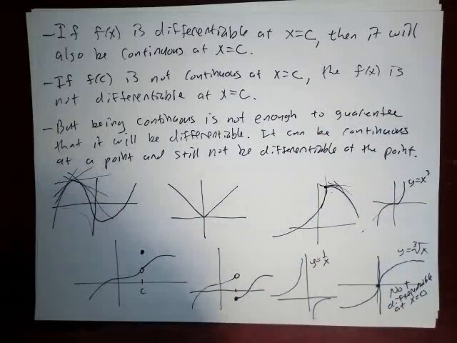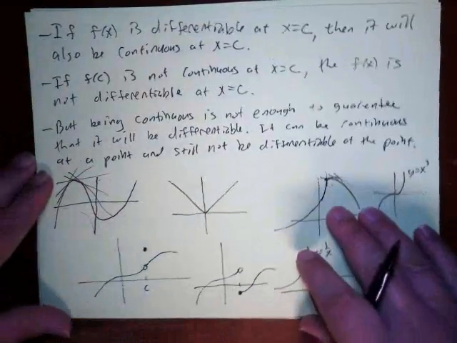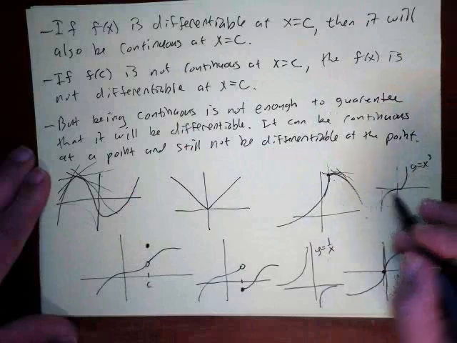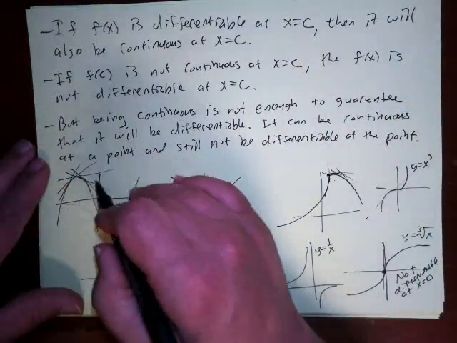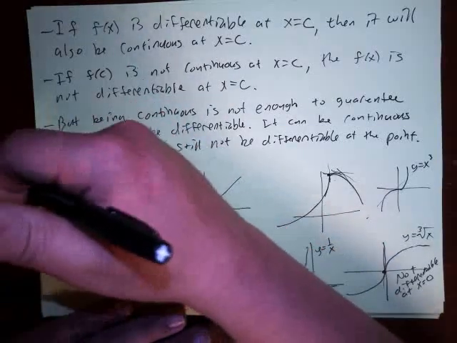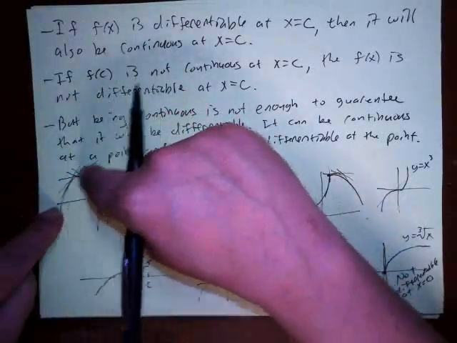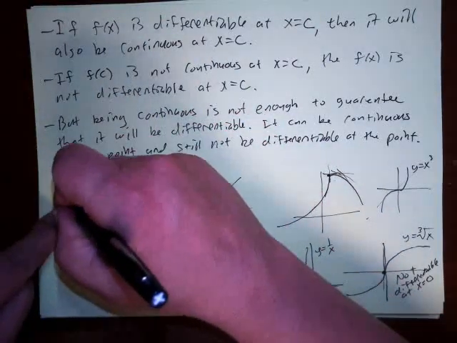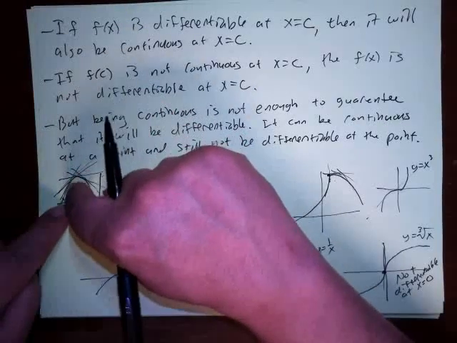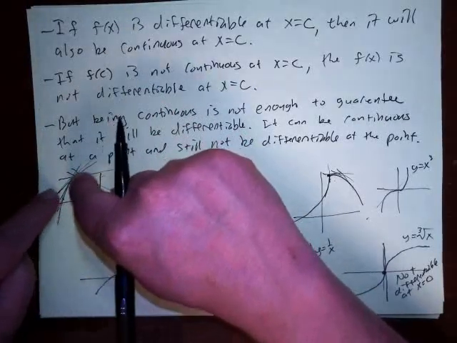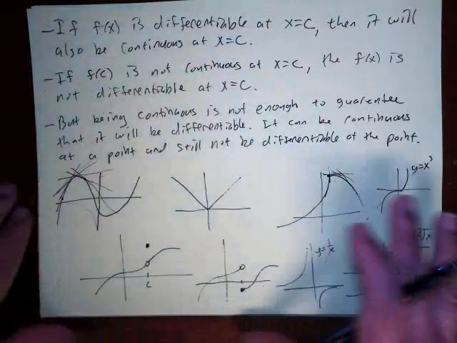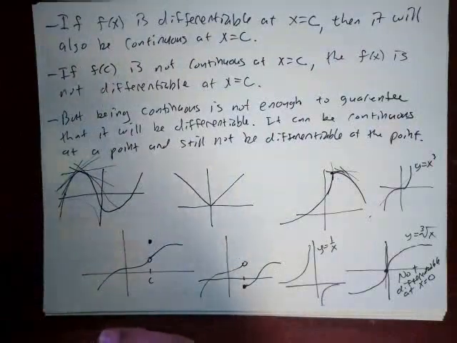So the simple idea is that if you have smooth, unbroken curves that aren't taking any sharp turns, then it's differentiable, and you get a single tangent line. As you go from one place on the graph to another place, and you have two different slopes, the slopes are passing through every possible value from this slope to this slope, kind of like an intermediate value theorem, but with slopes.